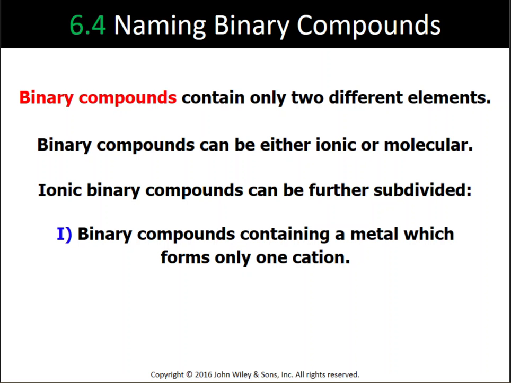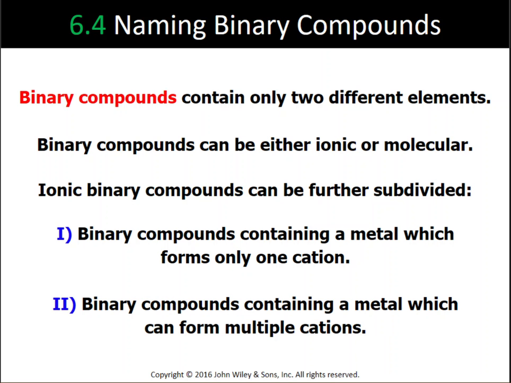In terms of metals, in the periodic table we have transition metals and rare earth elements too. Transition metals and rare earth elements do not have a fixed charge, so we're going to have to look at binary compounds where the metal is a transition metal and can have multiple charges.